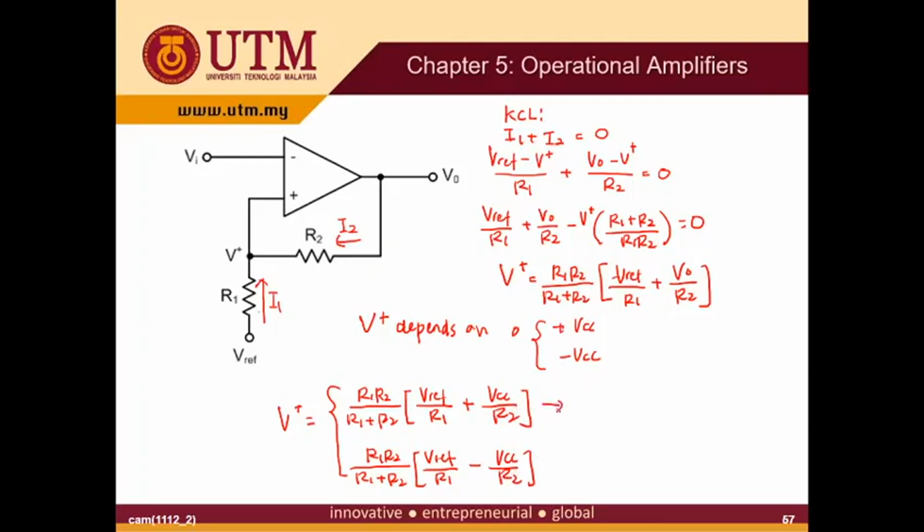This is what we call VUTP, the voltage upper trigger point, and this is VLTP, the voltage lower trigger point.